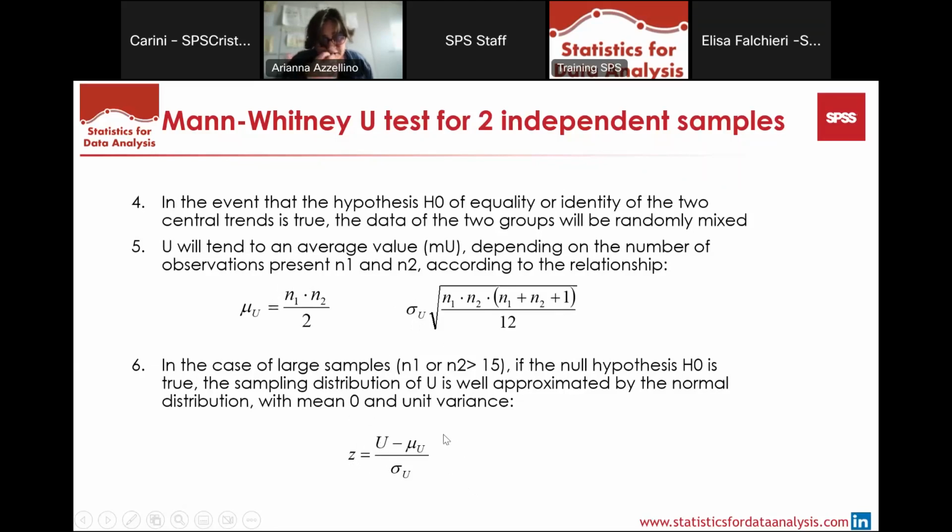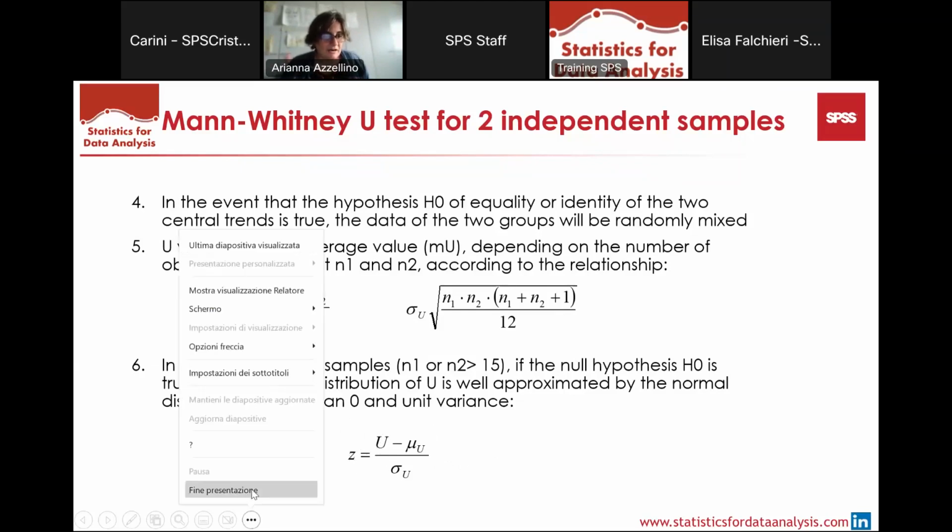The unexpected news here is that even if I am following a non-parametric procedure, I may still read the results of the test in terms of significance level by considering, let's say, a parametric statistic again, a Z-score.